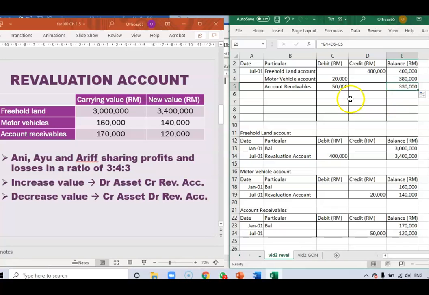This surplus amount will be shared among the existing partners. So it will be sent to the partners' capital account, the partners' capital statement.